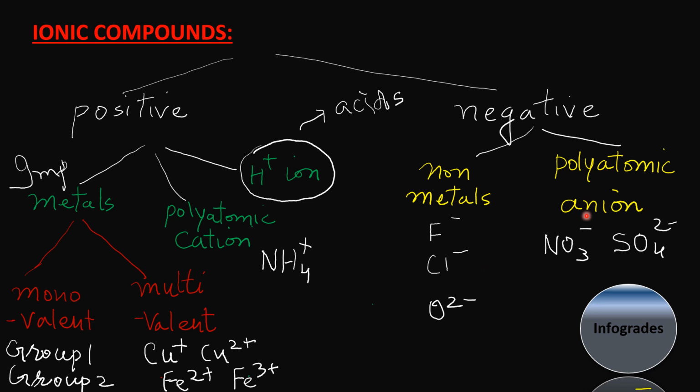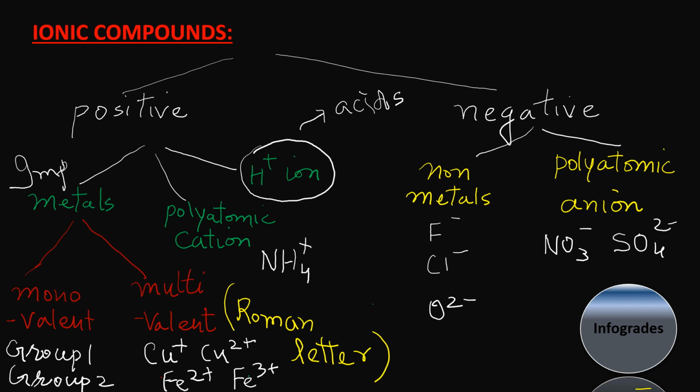Now there are some specific rules. Let's talk about that quickly. If the metal is present and it is monovalent, we don't represent anything specific about the valence. But if it is multivalent, something very important: we do use Roman numerals with multivalent metals.